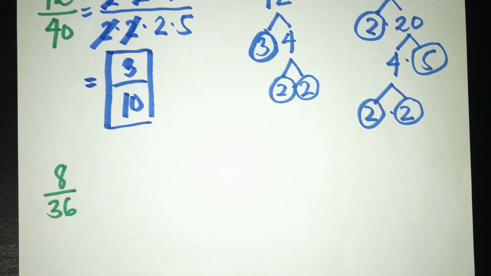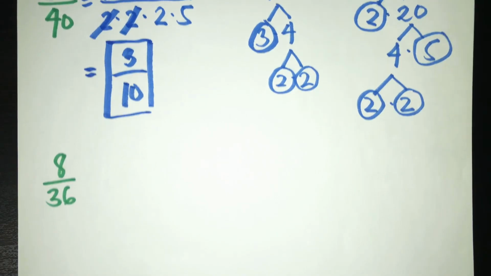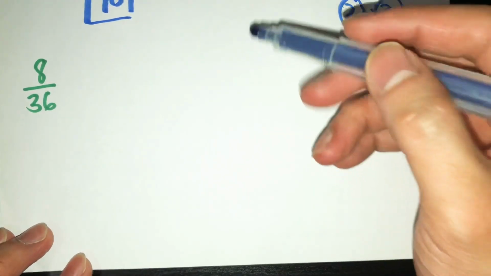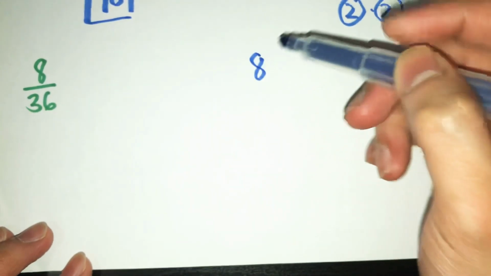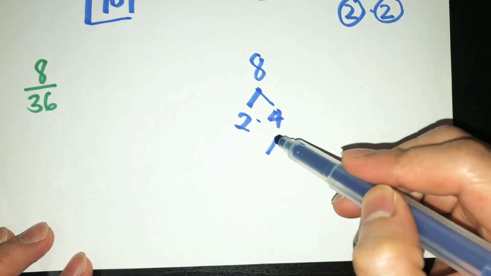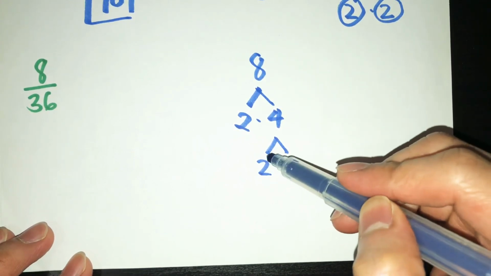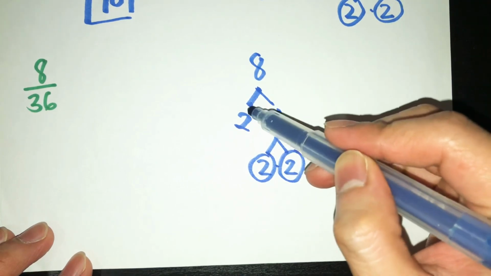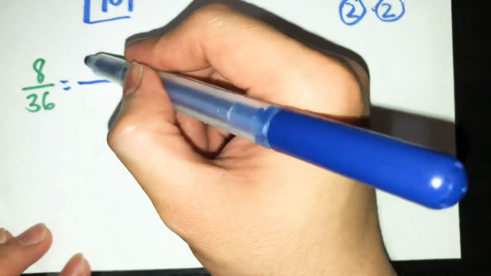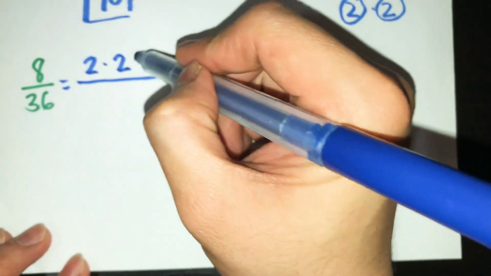Now, in our next example, we have 8 over 36. Again, for 8, we have 2 times 4, then 2 times 2. So we have 2 times 2 times 2.